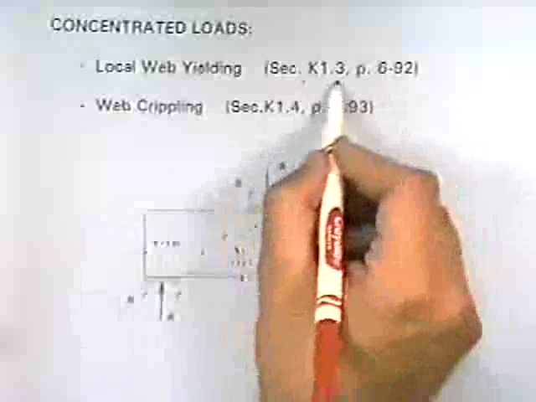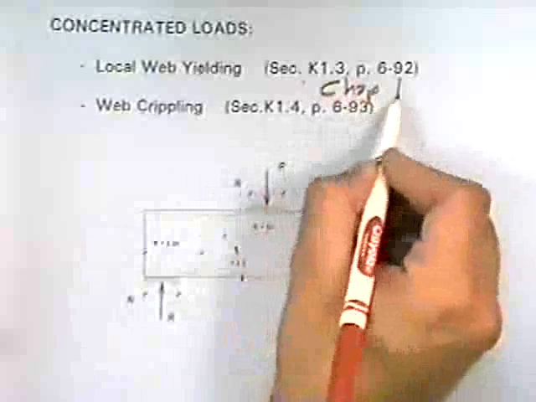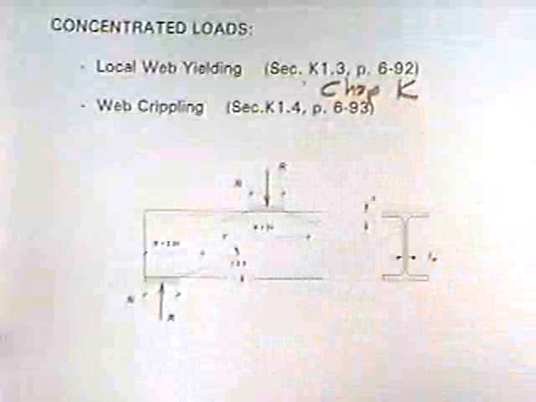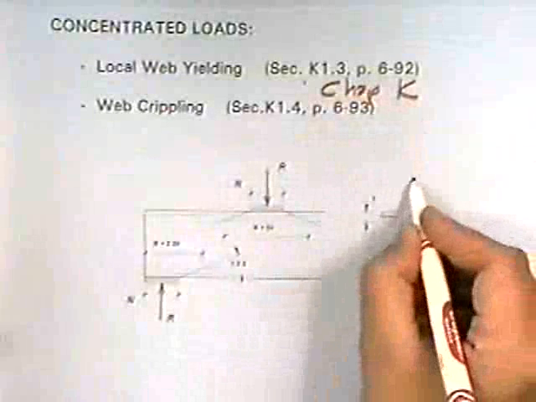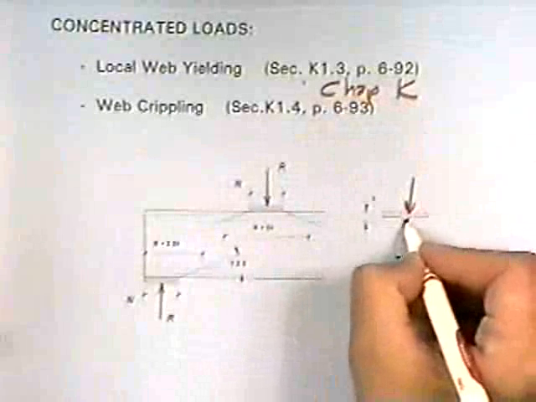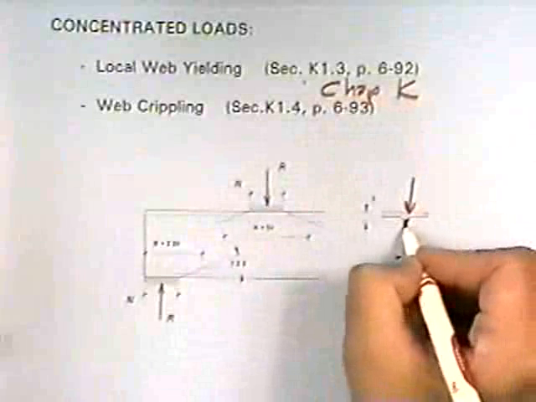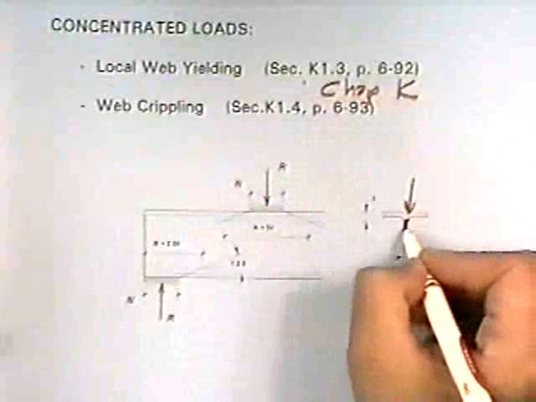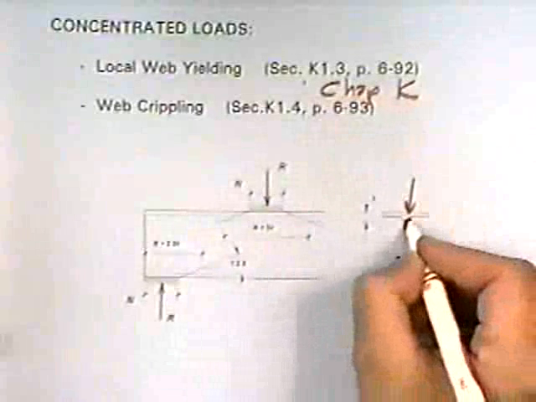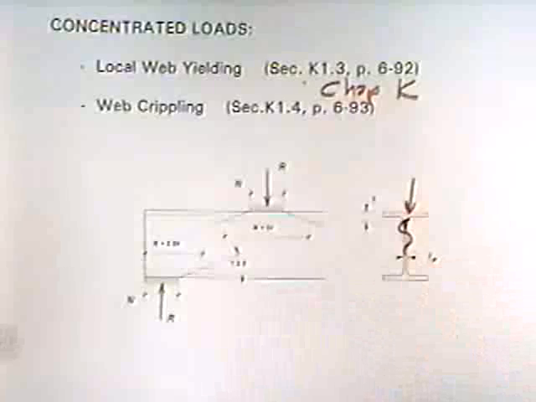The failures that we can get here are local web yielding or web crippling, and the design criteria is given in Chapter K of the specifications. Web yielding, what happens is that you actually yield the steel right underneath the load in the web. Crippling, what happens is the web plate just buckles on you.